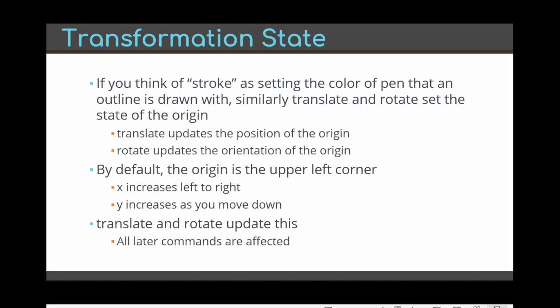Translate and rotate update this. If you wanted a normal orientation, like if you're doing some graph drawing and you wanted -1 to go down again, you could rotate the whole thing by 180 degrees, and then you'd have to flip it as well. But then you can return back to your classic graph paper orientation system.